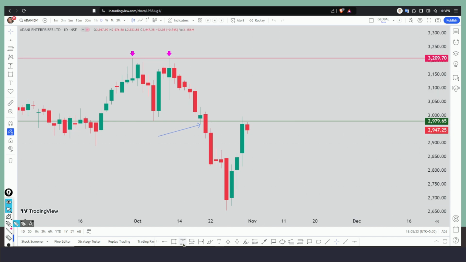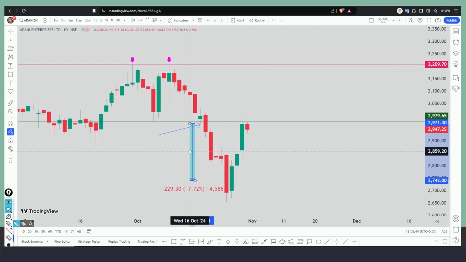Based on this classic double top, where could our target be? The target would be this depth. We need to calculate the target from the breakout zone, not the candle close. That is different. We should calculate from this breakout level.